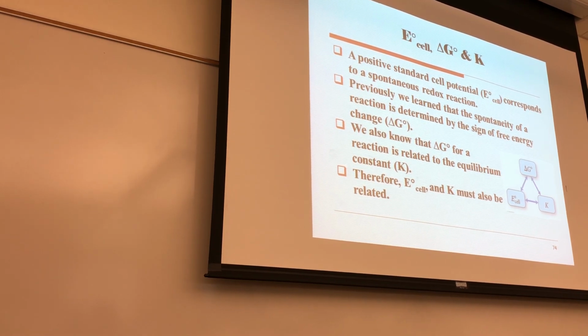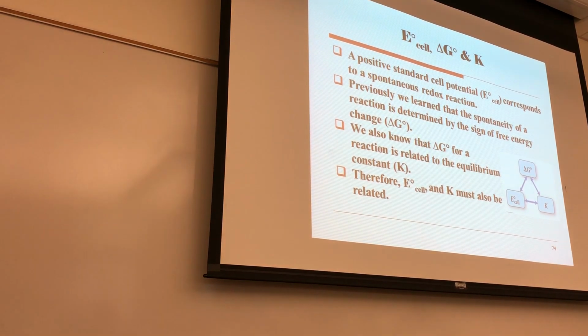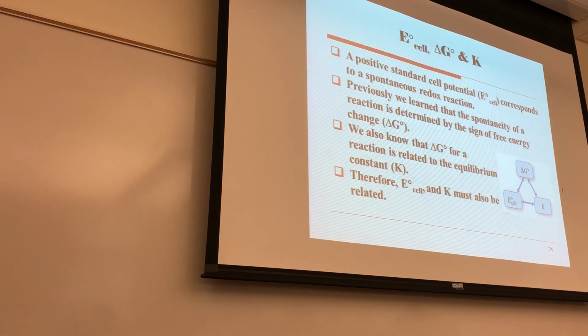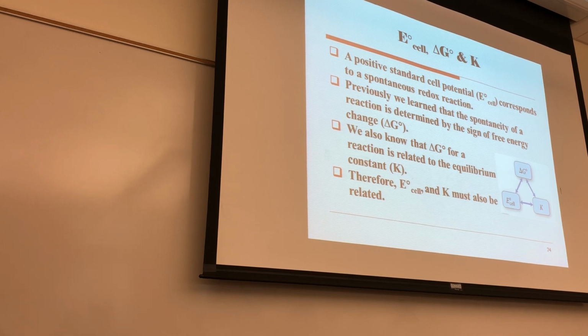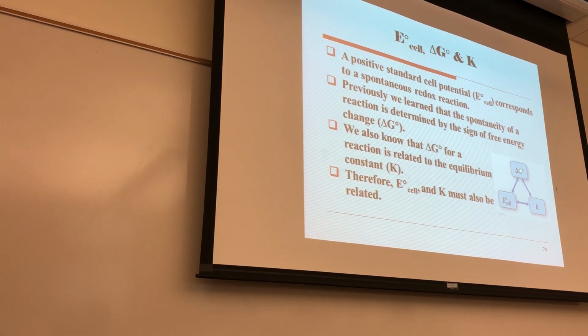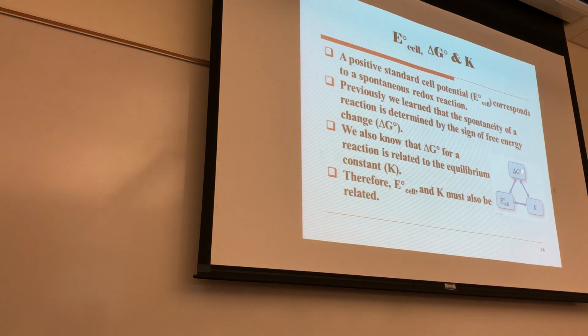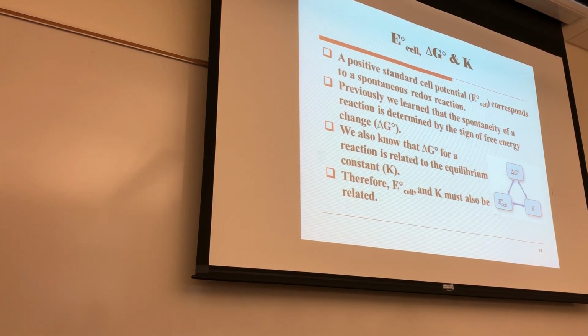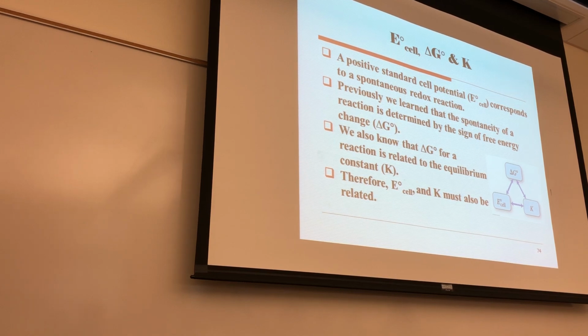And when I'm at equilibrium, which is what K is, then that equation is equal to 0, which means that delta G under standard state conditions is equal to what? Negative RT log K. And there's your delta G under standard state conditions in a relationship with K. If I could correlate these two, then I could substitute that and correlate those two as well. And that's all I'm going to do to start.